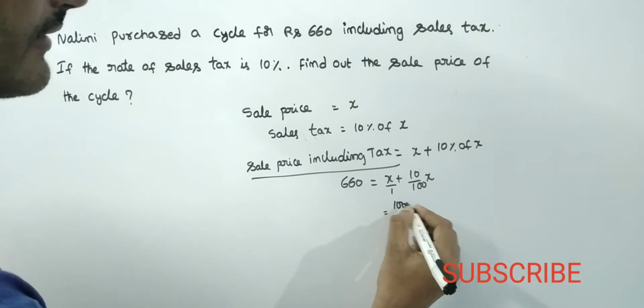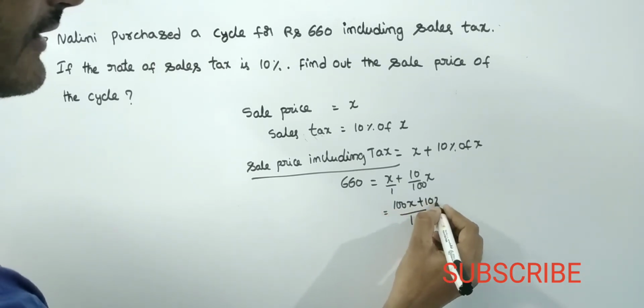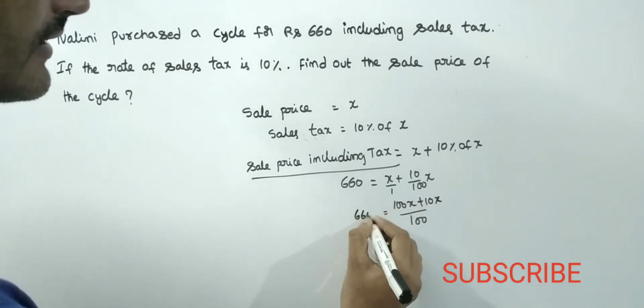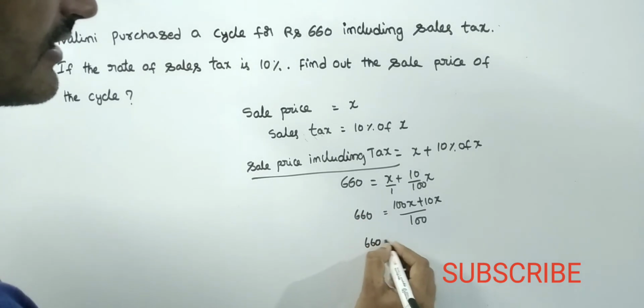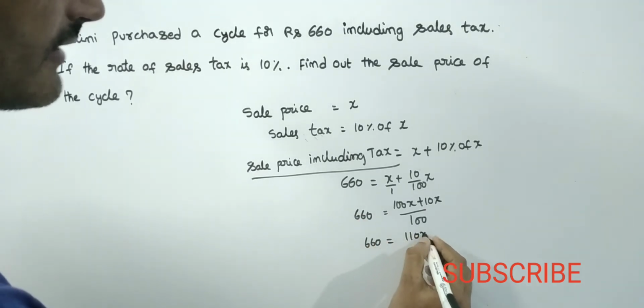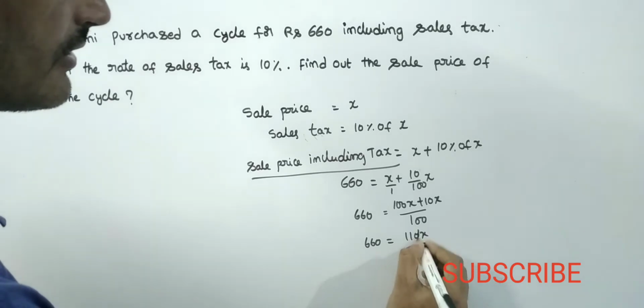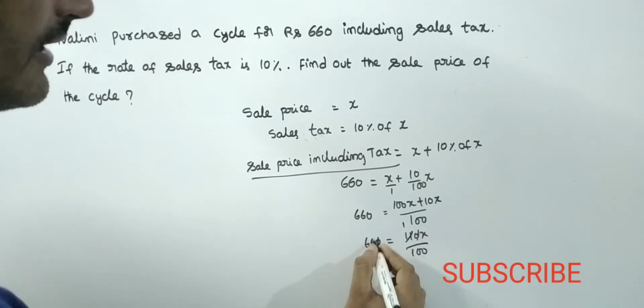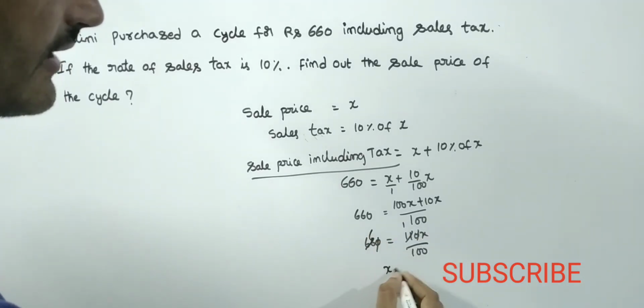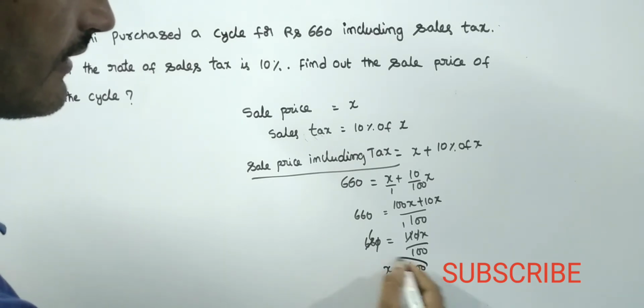Then 100X plus 10X equals 660. Then 660 equals 110X by 100. Zero, zero cancel, 11 ones are 11, 11 sixes are 66. That means X equals 600.